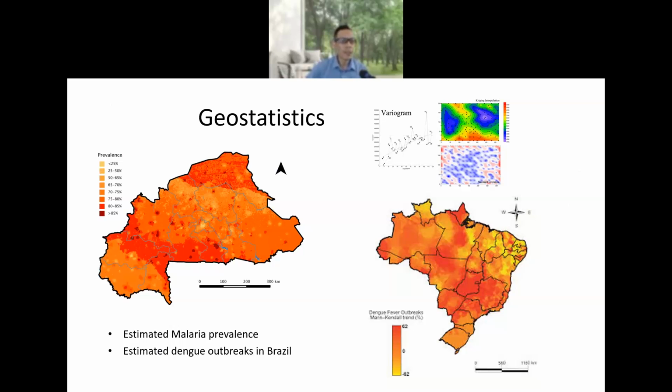So sebenarnya dia orang tak ambil data for each location ni. Tak mampu sebenarnya. What they did is basically they took data from this like randomly. Tak random pun tak apa sebenarnya. They took data from maybe 100 locations, maybe dots. And then after that, they did geostatistic analysis.